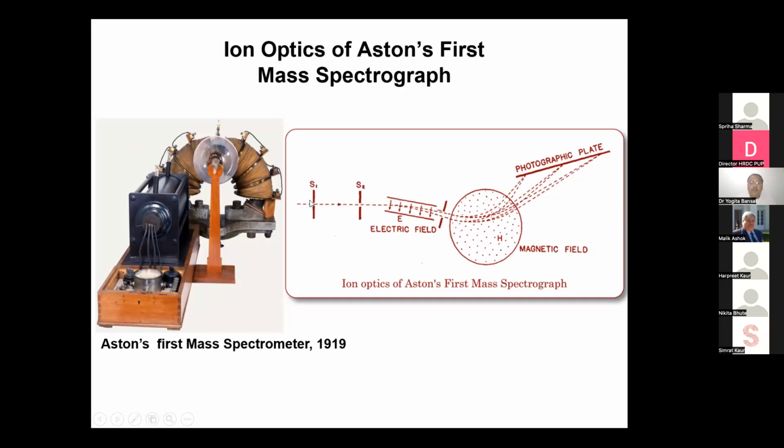And see here, the slits of the particles, they are moving through it, they are deflected by an electric field, and then they are entering into the magnetic field, and the magnetic field again deflects them, they strike a particular point, giving a spectrum. So this was the very first mass spectrometer which was used.